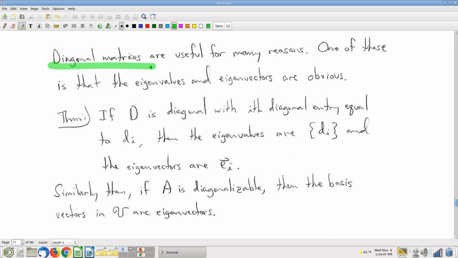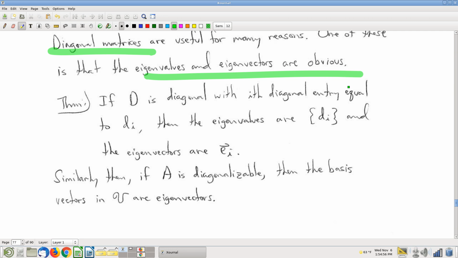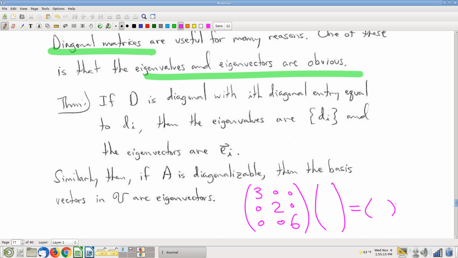Diagonal matrices have this wonderful feature that the eigenvalues and eigenvectors are obvious. Just as an example, before I point to the theorem, let's see what an eigenvalue and an eigenvector are for this matrix that you'll notice is diagonal. Can I think of some vector that I can multiply by here, and magically I get a scalar times that same vector?